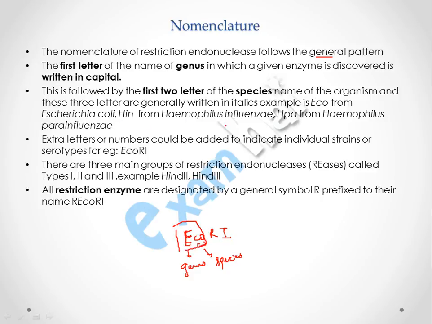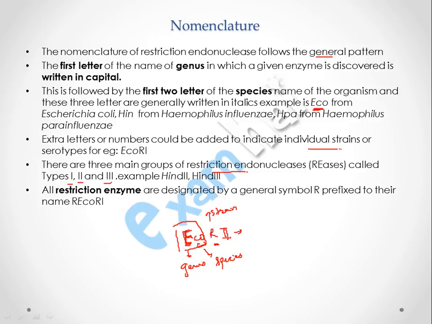This is Escherichia coli, and this R indicates the strain, R strain or S strain. And this I indicates the type: there are three main groups of restriction endonuclease, which are type 1, type 2 and type 3.